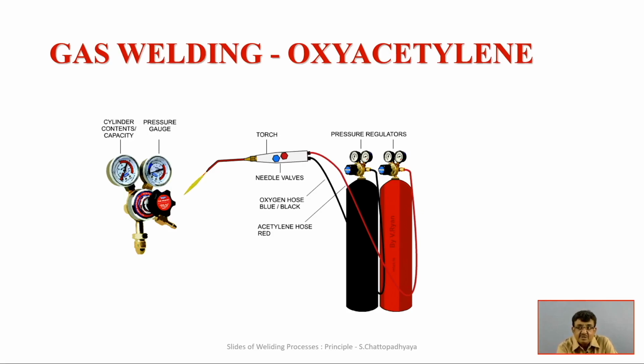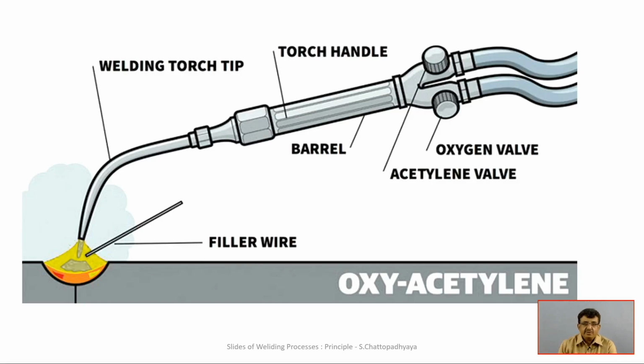Heat is responsible for localized melting of the surfaces needed for coalescence, and in some cases filler material is added. If the section is thick, higher deposition is needed, and whenever it is not, it will be just an autogenous welding type of process.